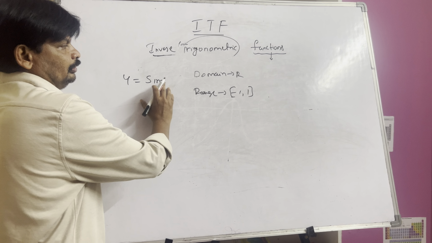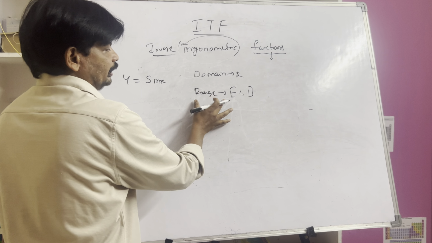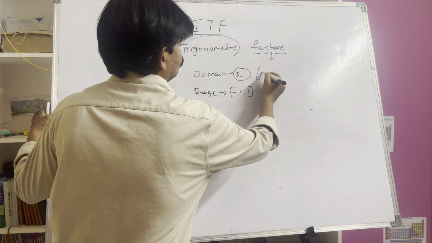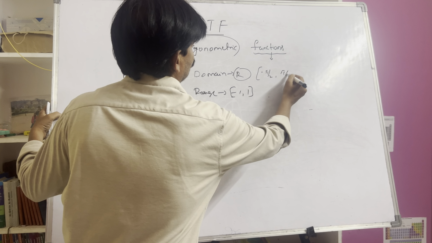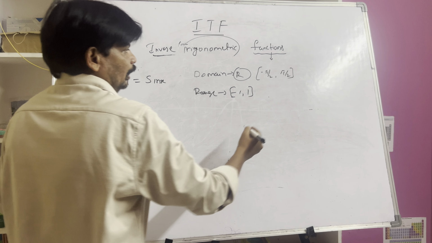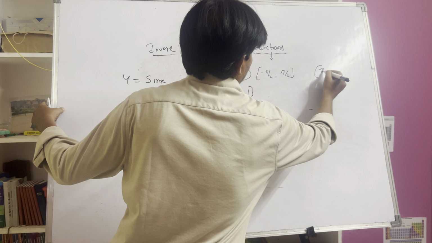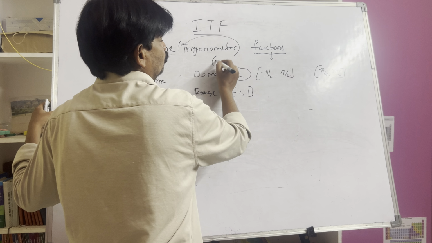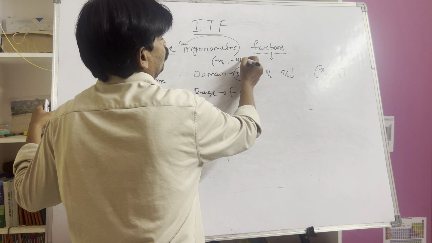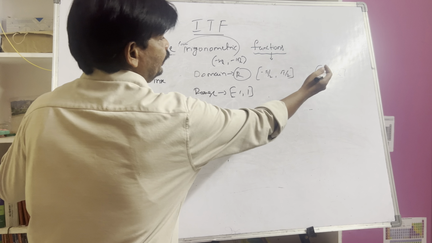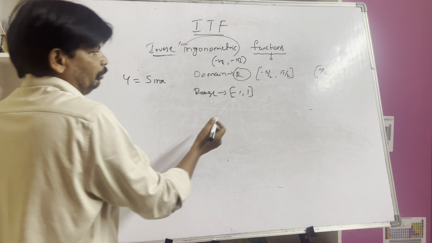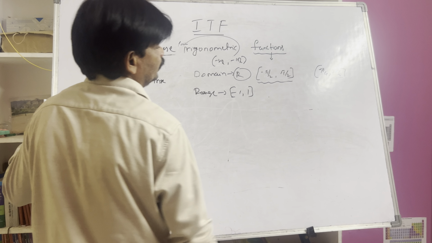Instead of R, the domain could be minus pi by 2 to pi by 2, or pi by 2 to 3 pi by 2 also, or minus 3 pi by 2 to minus pi by 2 also. All these intervals will give an inverse of sin x, but this one is called the principal range.